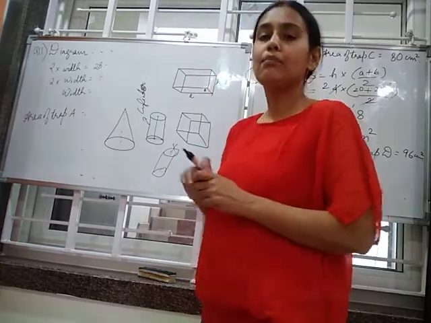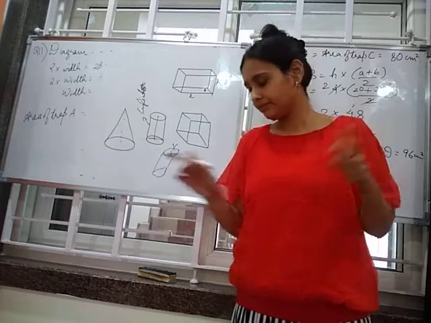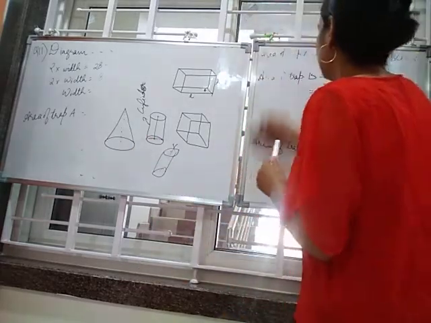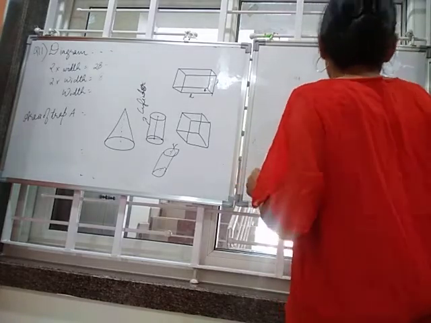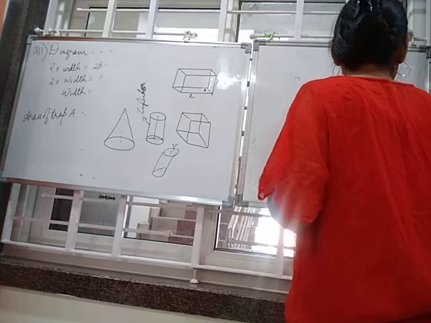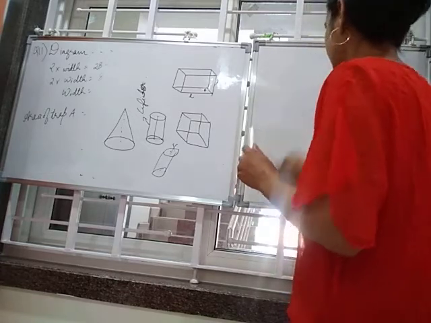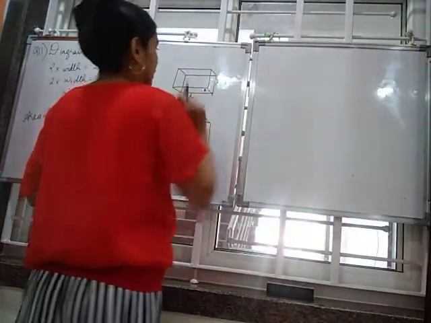If we take a box which is cuboidal in shape, and if we open it, let's see how to open it. This is a cuboid.